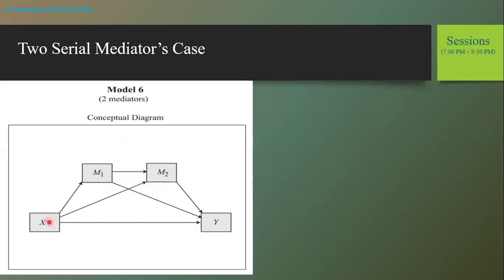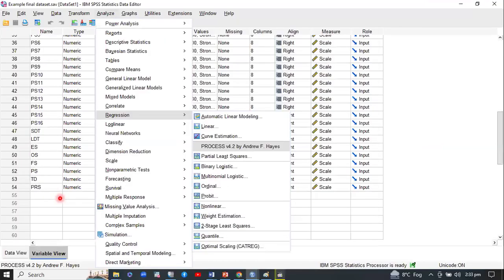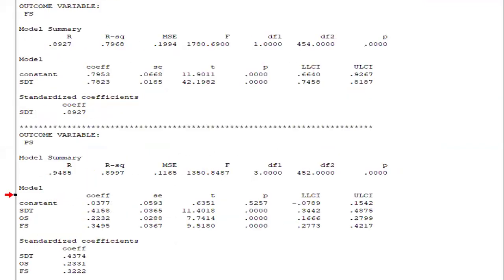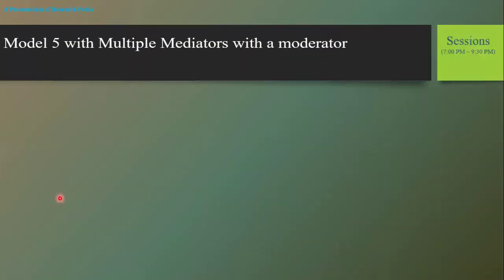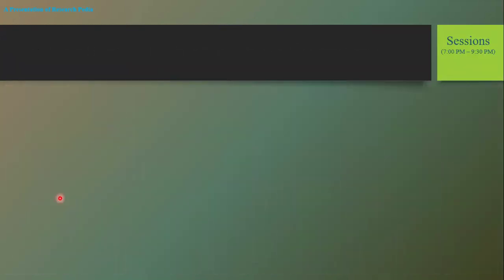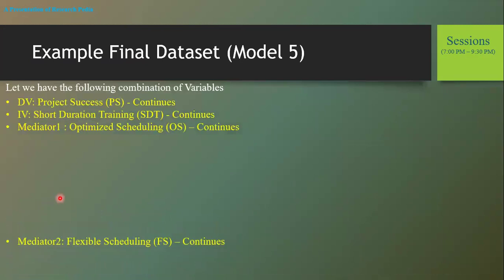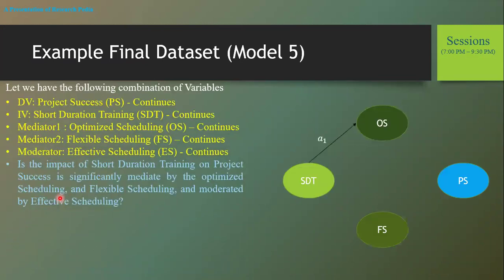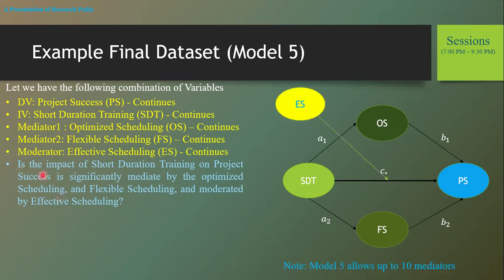In the previous model, we were checking the impact from the independent variable to our dependent variable. But in this case, we are checking the relationship between the mediators also. You can see this graph or this diagram. You can see I have connected the independent variable with the mediator, and from the mediator to the dependent variable.